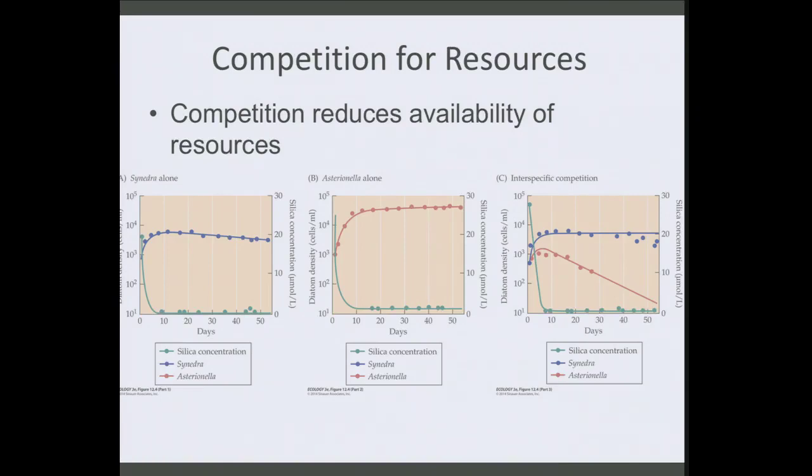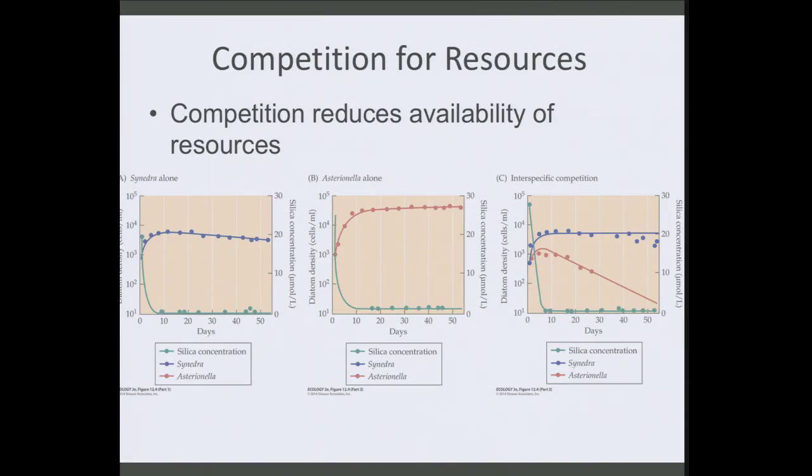The green line is the availability of silica. Silica is a very important resource for growing the outer structure of a diatom. As silica is used up, there becomes less and less resource for growth, and so growth slows. Both of these show competition within the species as they reach a carrying capacity, as that silica is depleted.